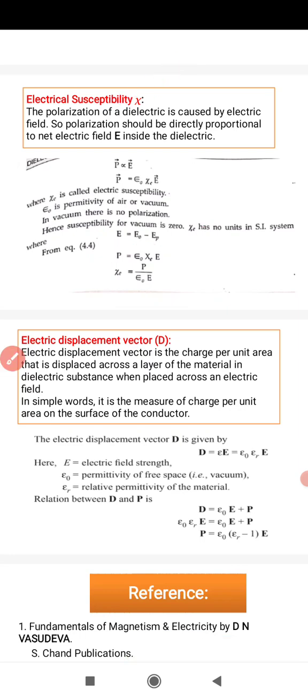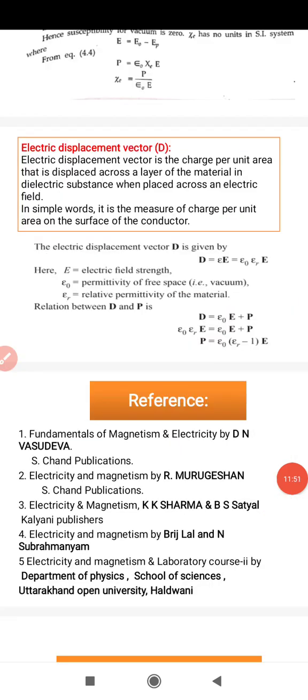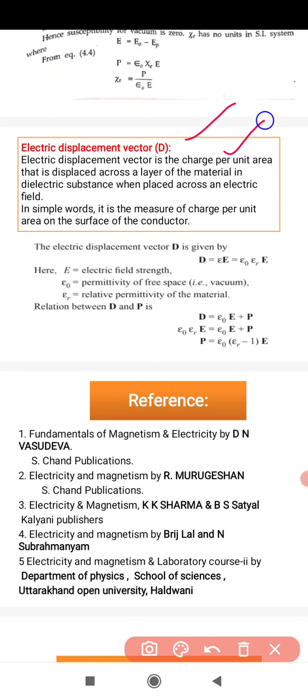Now we see the electrical displacement vector, capital D. The electrical displacement vector is the charge per unit area that is displaced across a layer of the dielectric material when it is placed in an electric field.